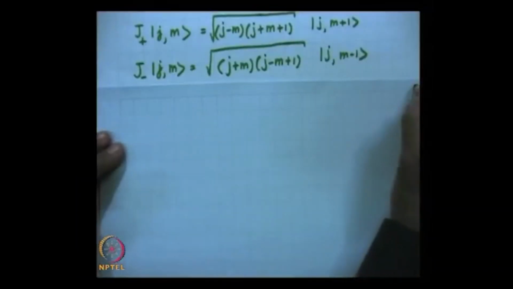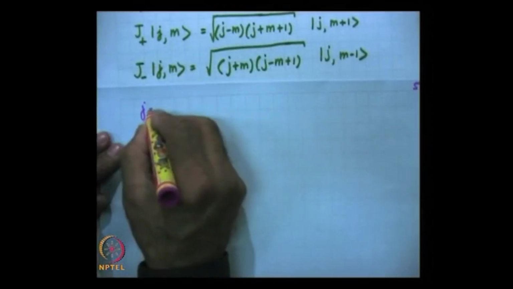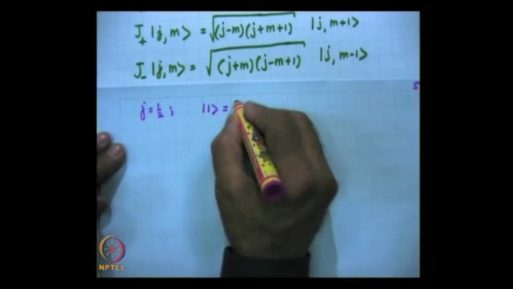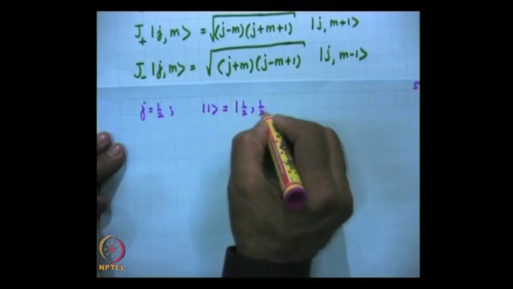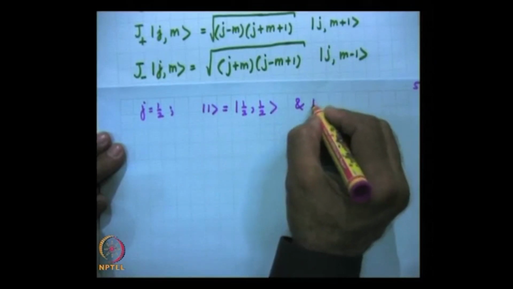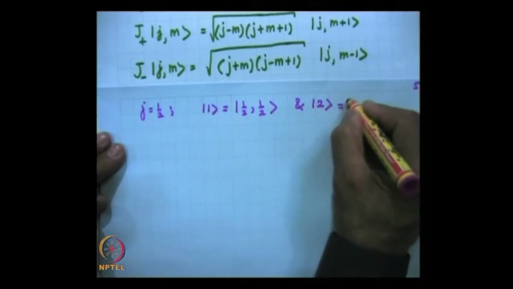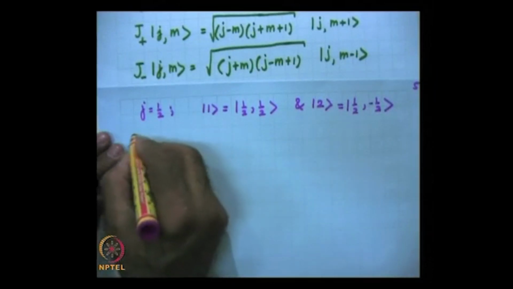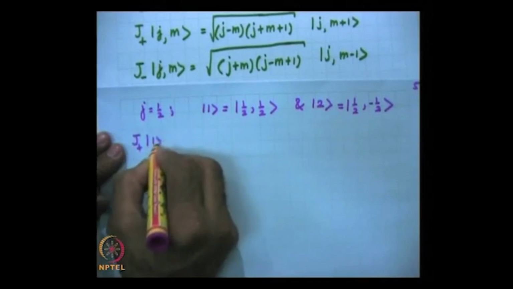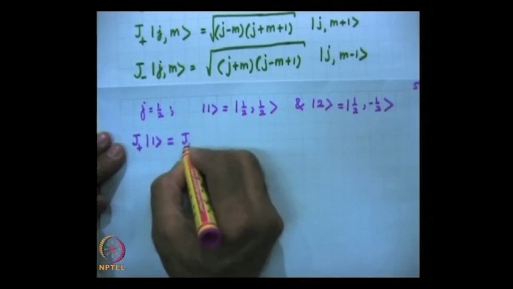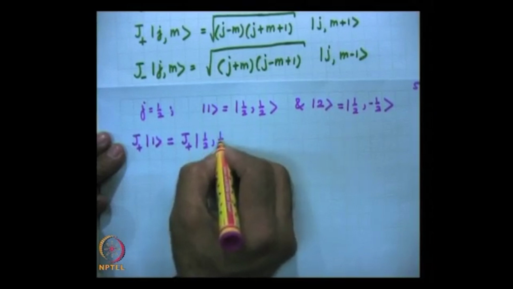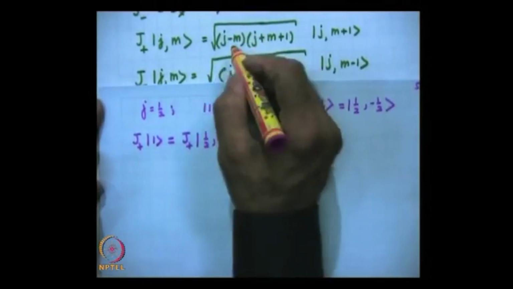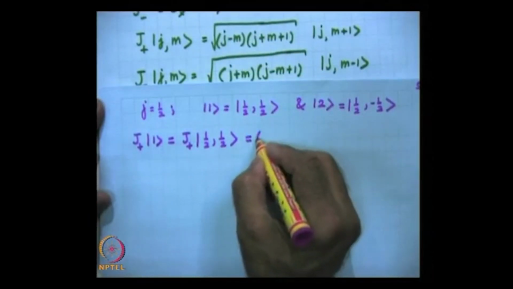So, we consider j is equal to half. So, we have two states, ket 1 is equal to half, and these are the two base kets, half and minus half. So, J plus ket 1 will be equal to J plus ket half. So, j is equal to half, m is equal to half. From this equation you will get 0, so this is a null ket.